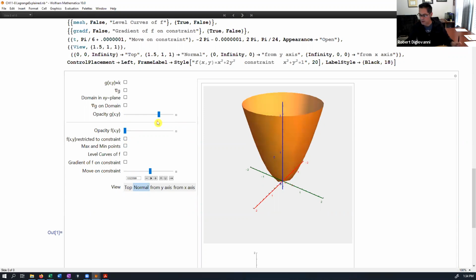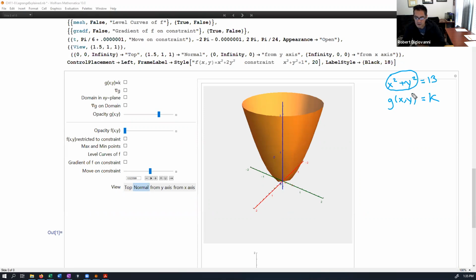Remember we said we're going to have g of x,y equals k. In the previous problem, it was x plus y squared equals 13. If we look at just this part as a function, that's a surface, and we're saying, when is this surface equal to 13? That's what this equation means.